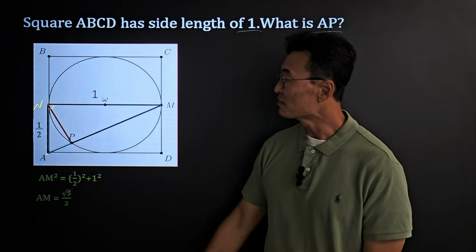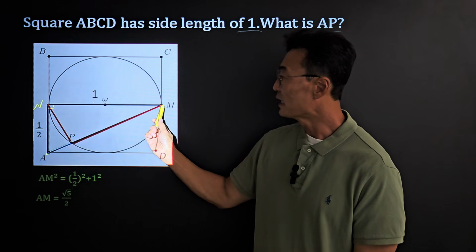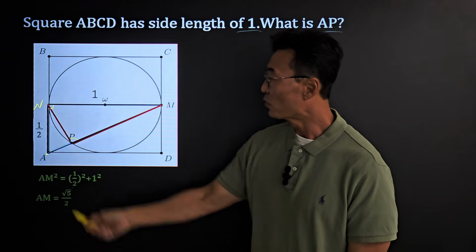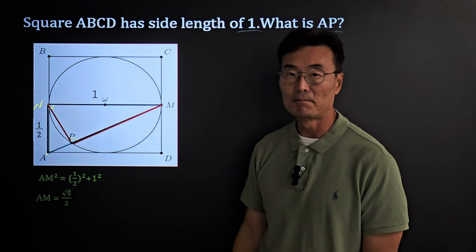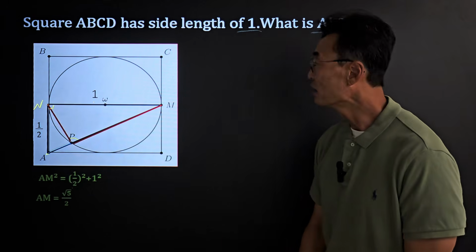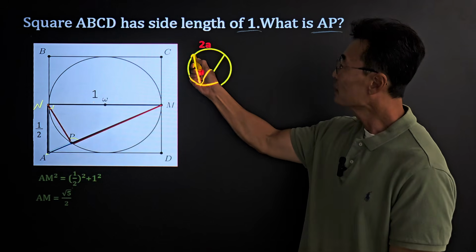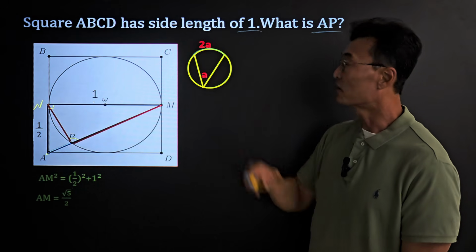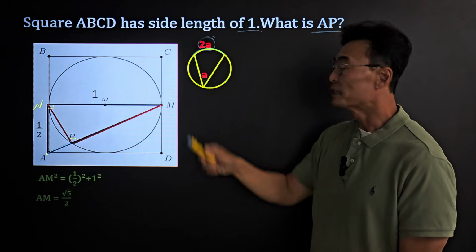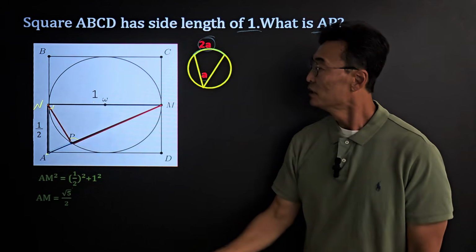Next, let's draw this line NP and this line PM to find this angle here, angle NPM. But to do that, we need a theorem called the inscribed angle theorem. It says that if the measure of the arc is 2A, then the inscribed angle here will be A, or half of the measure of the arc.